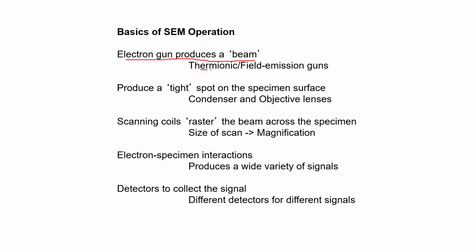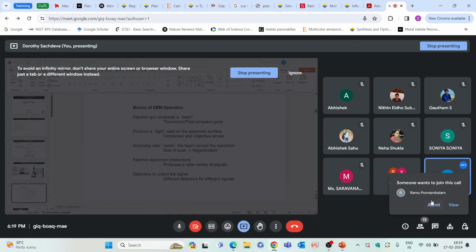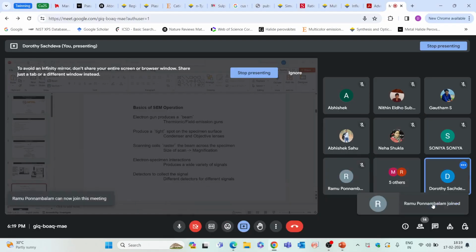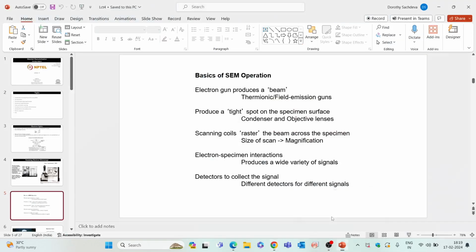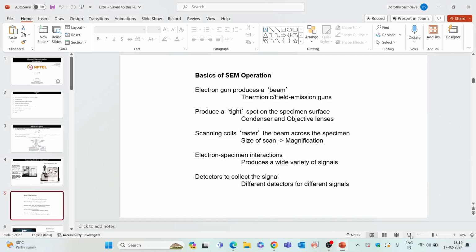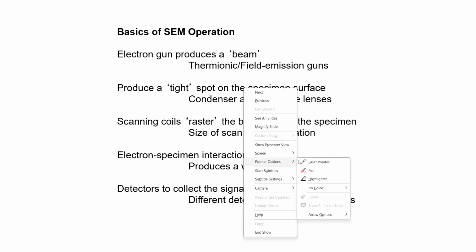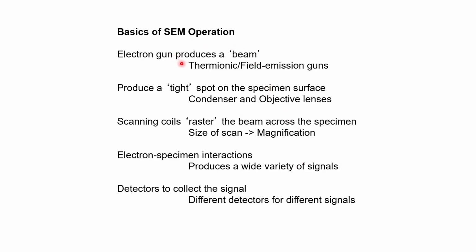It has different types: the thermionic emission, the Schottky field emission, the field emission, and so on. After that, a large electron beam is produced from the source.